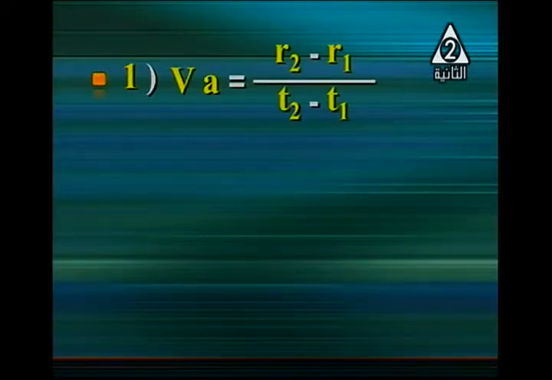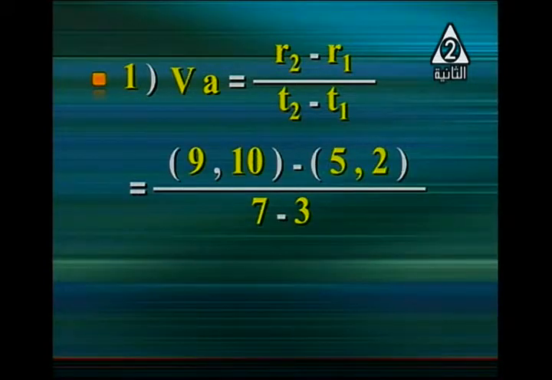VA in this case equals R2 minus R1, the difference between two positions over the difference between the two times. The first, look at R2, the point B (9, 10). This is the position of the particle R2, meaning point B (9, 10). R1 means point A or vector A.